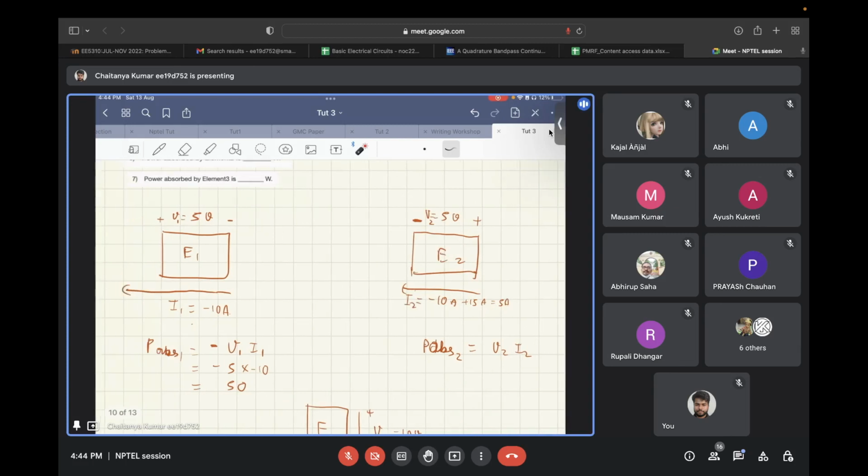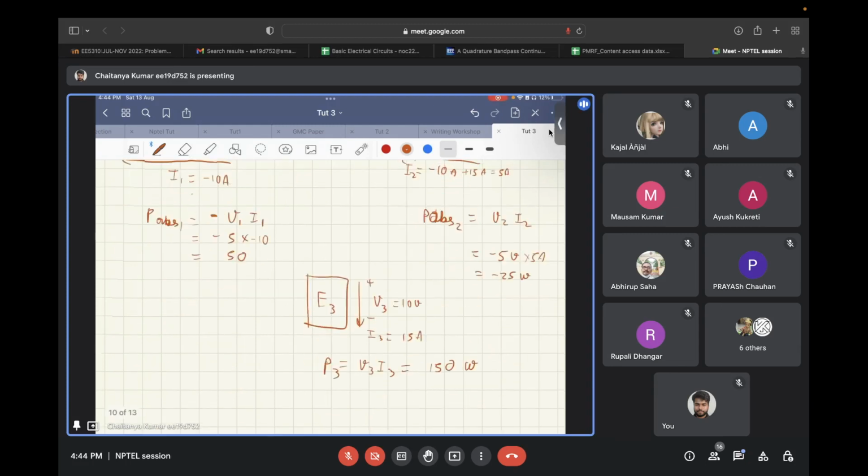So the power absorbed will be V2 times I2, that is minus 5 volts times 5 amperes, equal to minus 25 watts. And in element 3, similarly, the voltage is 10 volts, and the current going into the positive terminal is 15 amperes. So power absorbed is V3 times I3, that is 150 watts. Any doubt in this?